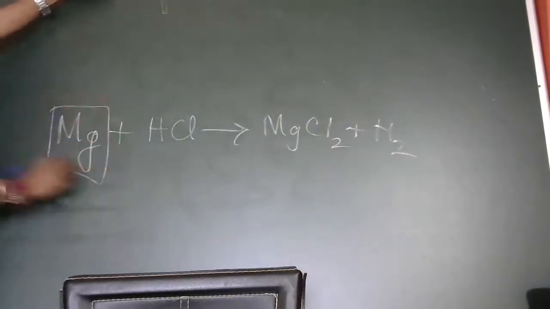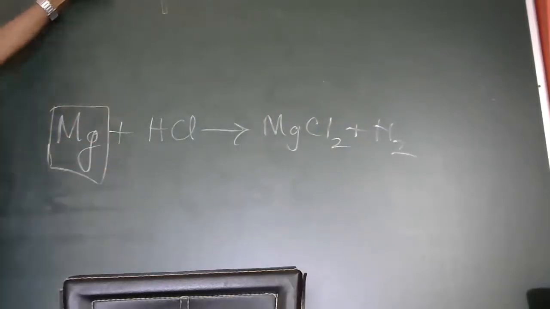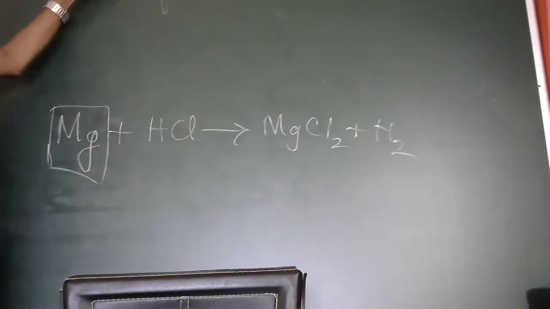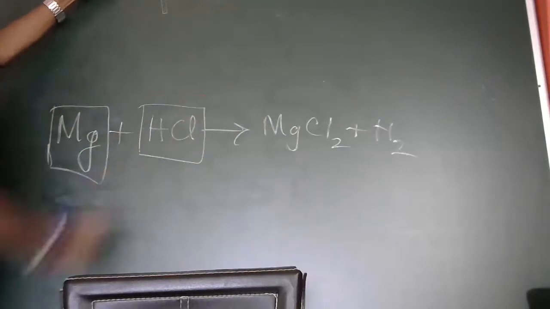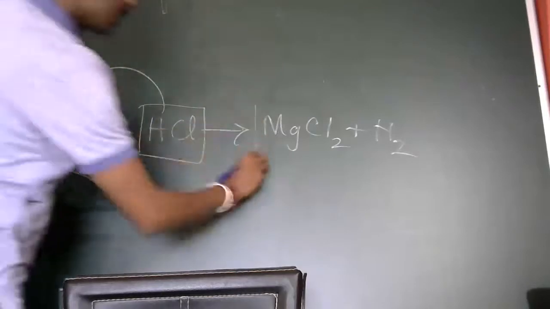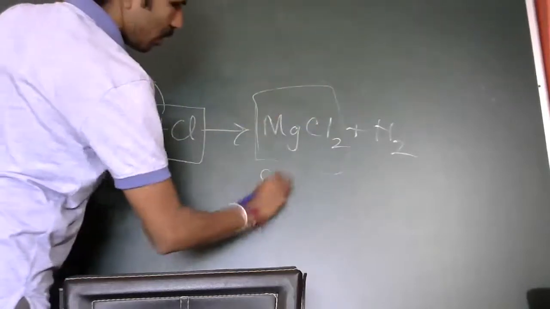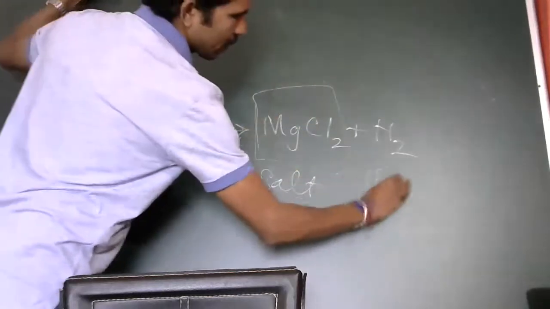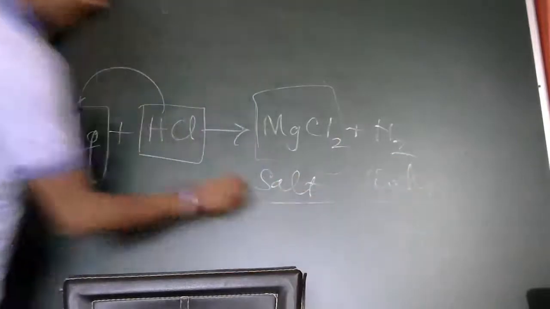In your textbook they have given the reaction of acid with a metal. When acid reacts with metal, it forms a salt and water. Salt and water is formed.